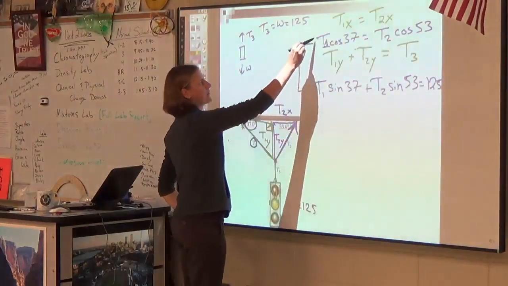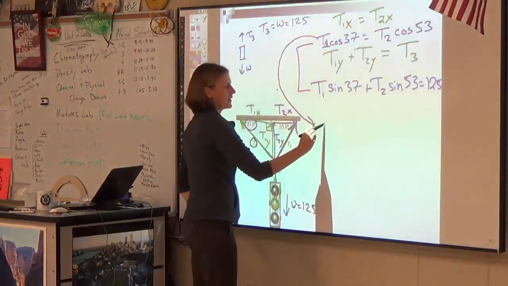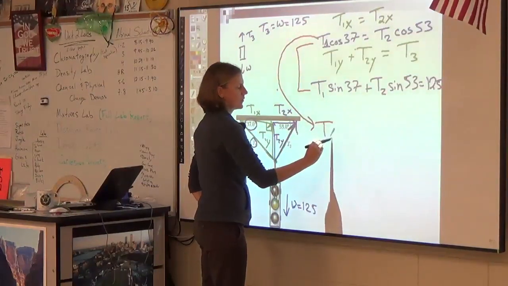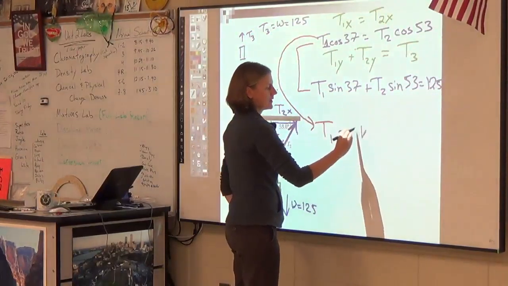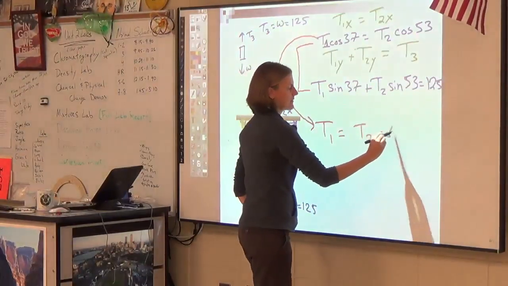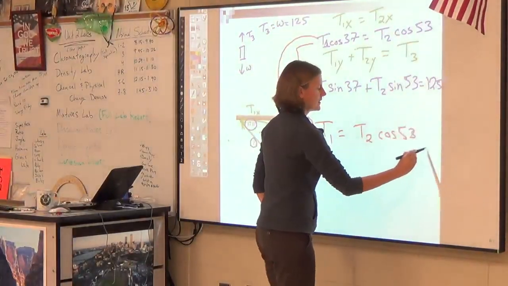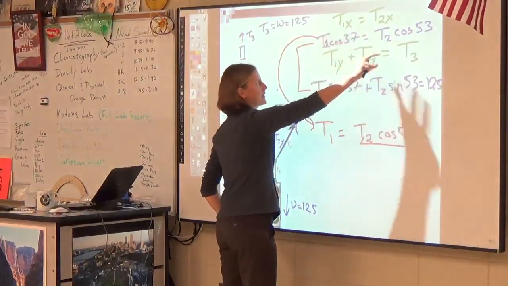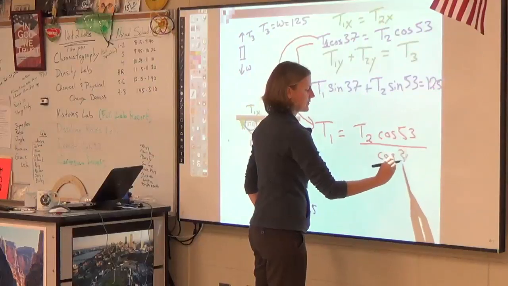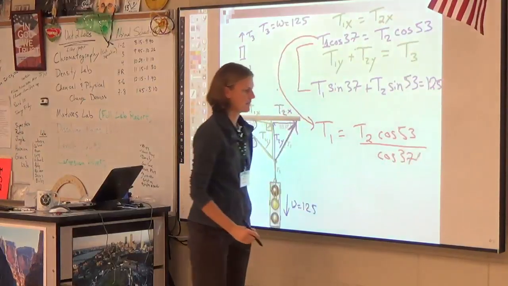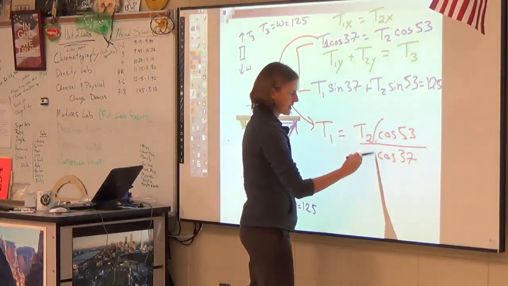So I'll start with this equation up here, and we'll say that T1 equals T2 cosine of 53, and I'm just, not subtracting, but dividing by cosine of 37. And in fact, you guys could go ahead and do that part right now and kind of clean this up a little bit.